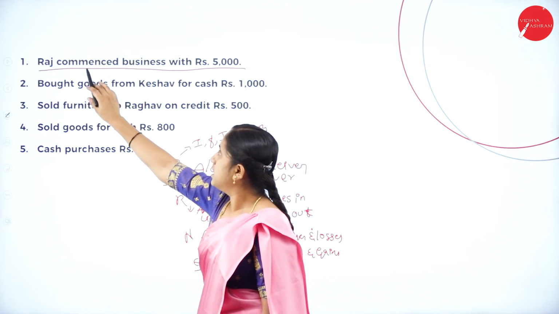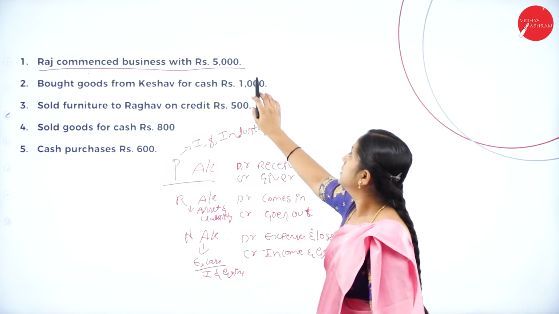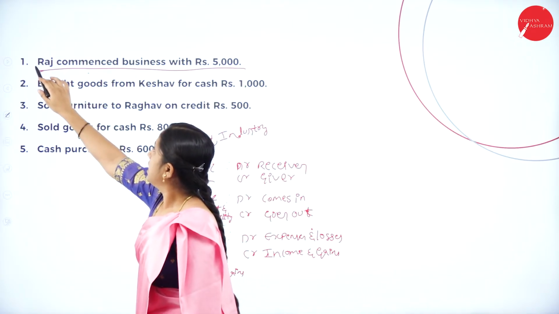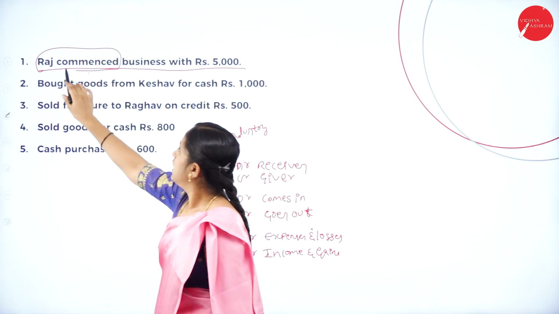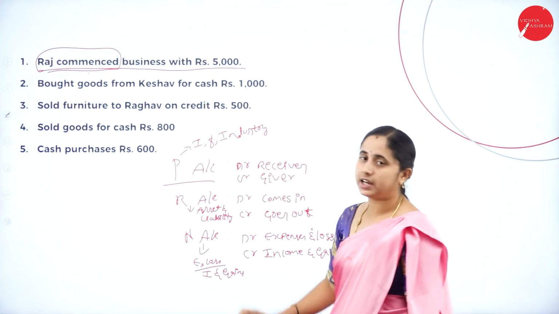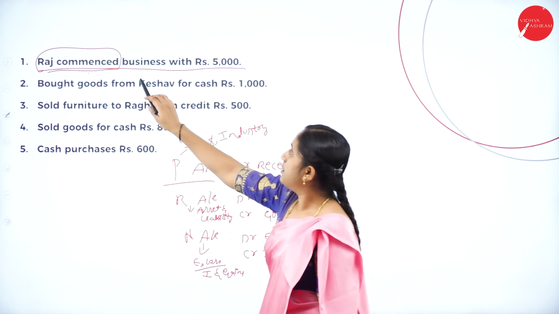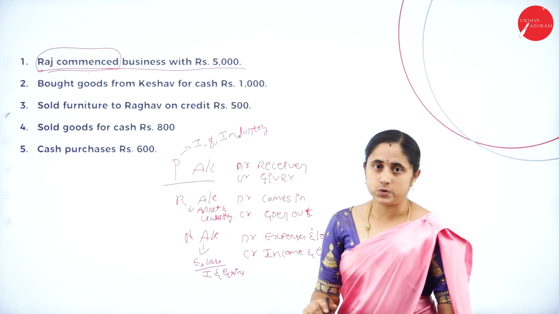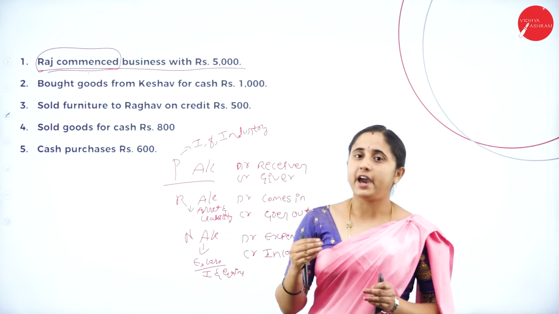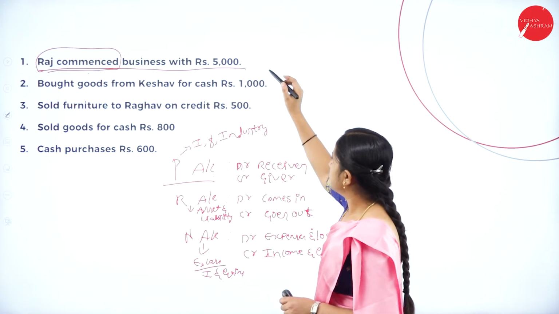For example, Raj commenced business with rupees 5,000. Here, Raj is a person. It comes under personal account. He commenced business with rupees 5,000, which means Raj is starting a business with cash of rupees 5,000.